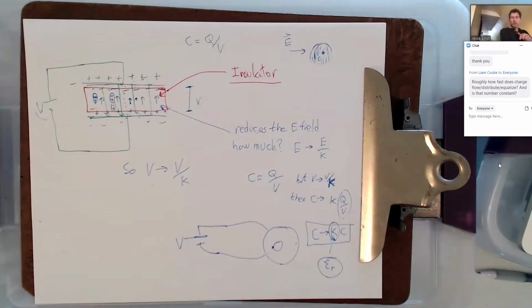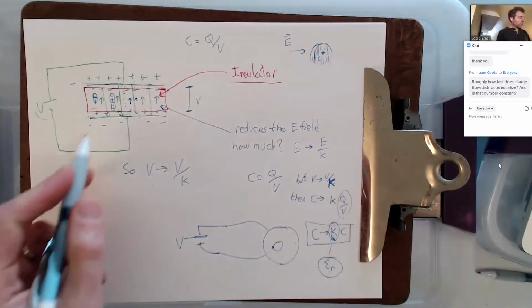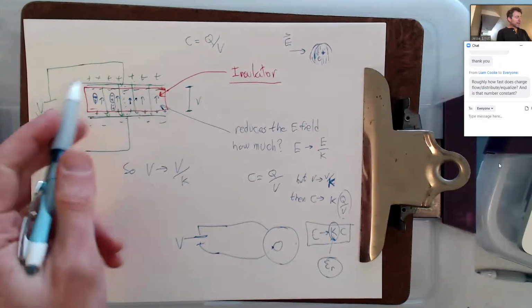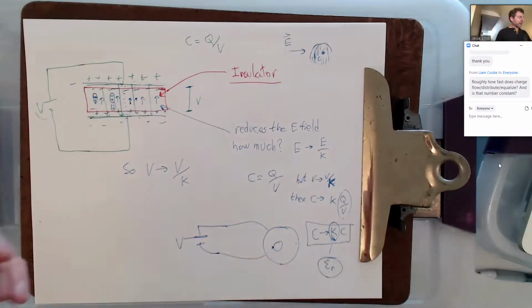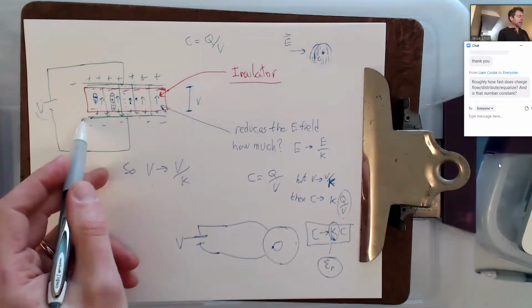Okay, so questions so far? Liam asks how fast charge flows, distributes, and equalizes. That's a very good question, but we're not there yet. You're right, this is sort of unrealistic. We're just saying that as soon as I plug this in, instantly this thing becomes charged.